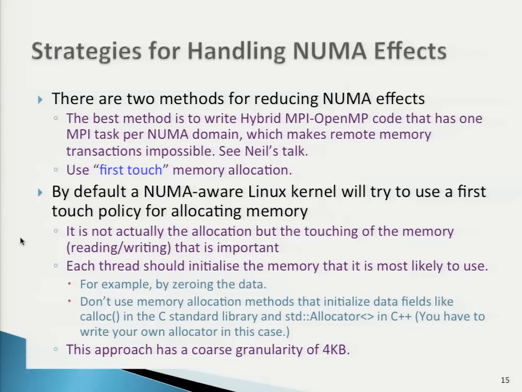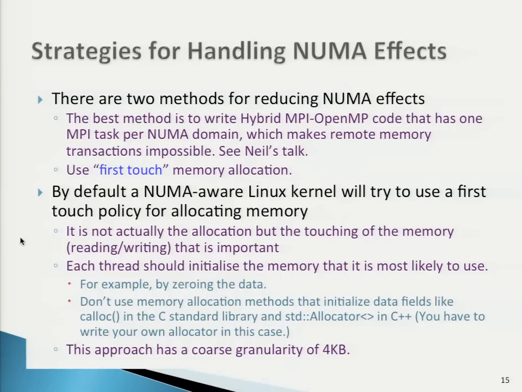But if you really do want to run an OpenMP application that works across multiple NUMA domains, you can use what we call first touch memory allocation. First touch memory allocation is the default way that most Linux kernels will allocate memory. The important idea here is that when you allocate memory using something like a malloc call, that memory is not actually pinned anywhere.